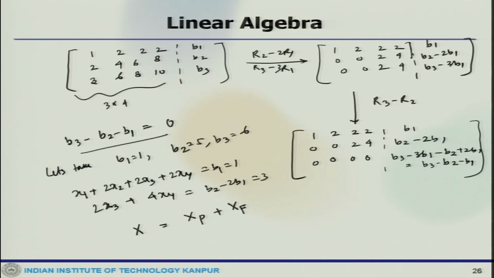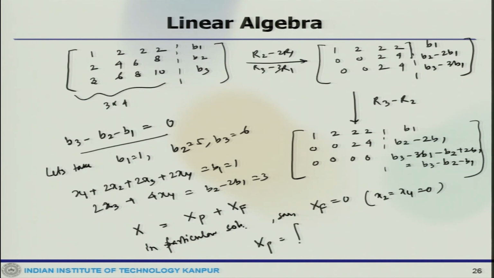Okay. So, in the particular solution, say xf equals 0, which means x2 and x4 equal 0, then xp will become minus 2, 0, 3 by 2, 0.